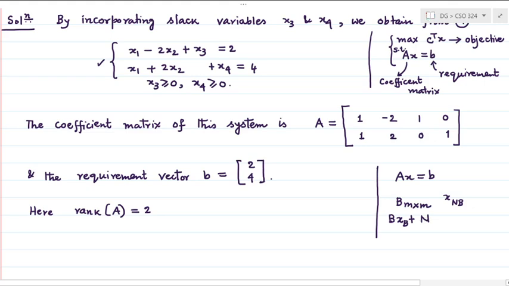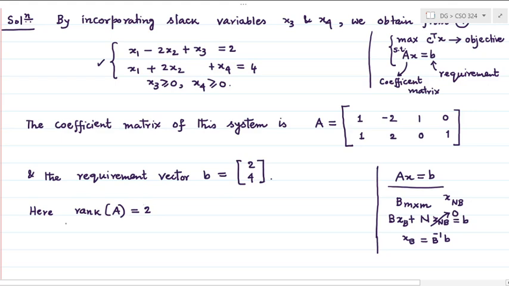The columns of B and N give the complete matrix capital A, and therefore BxB plus NxNB gives the vector b, because this is your system Ax equals b. You put xNB equal to 0, and then you have xB equal to B inverse b, and this B inverse b together with xNB all 0 will constitute a basic solution of the system Ax equals b. That is the process that we described in the last lecture.